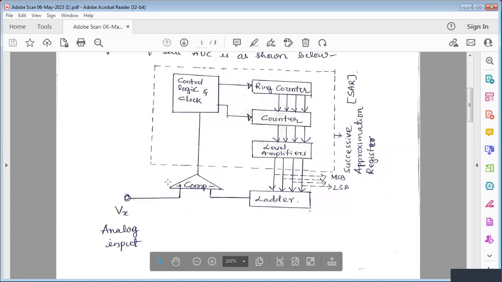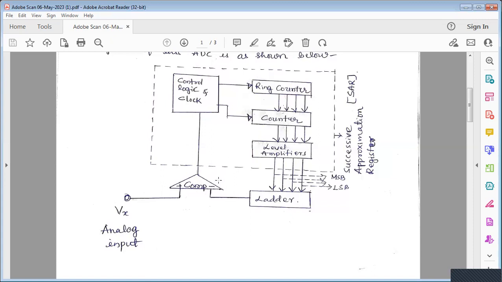Two signals are there, and this comparator compares these two signals and accordingly produces a differential signal, and that is fed to this control logic system. According to the magnitude of that differential signal, this control logic works.